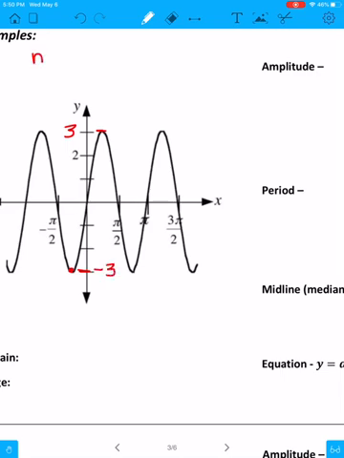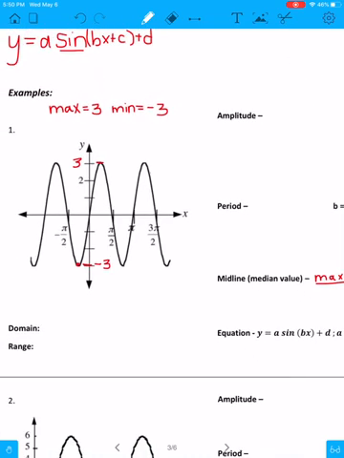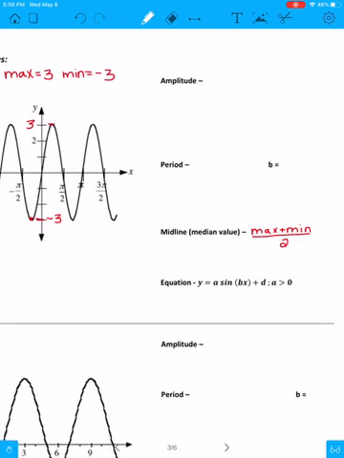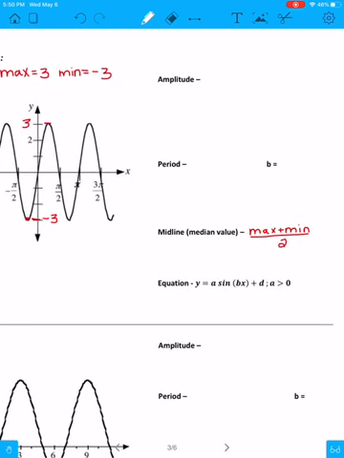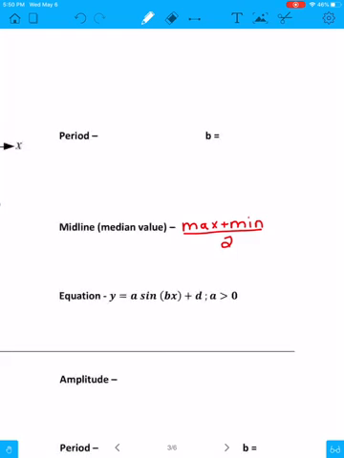So we know we have a maximum equal to 3, and we know we have a minimum equal to -3. So now we can fill it into our formula. Median value equals maximum, which is 3, plus our minimum, which we said was -3, and we divide it by 2. 3 plus -3 is 0, divided by 2, which is 0.